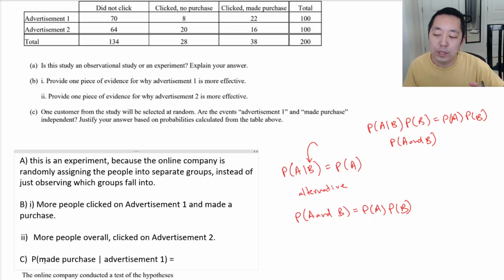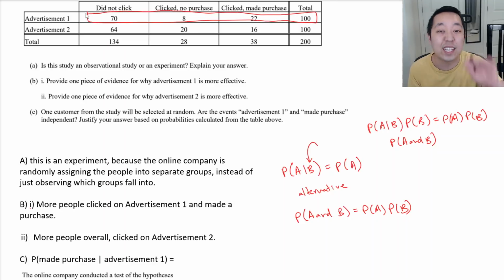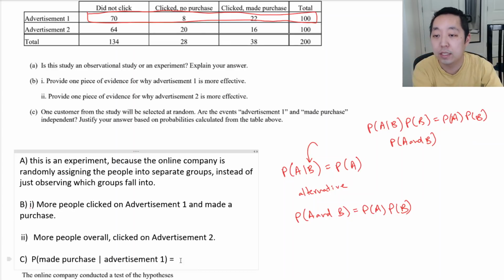When you're doing a probability like this, you're saying assuming advertisement 1 is the one they got picked from. So let's assume that it's advertisement 1. That means you're assuming just this row right here. You're assuming that part is true. So what's the probability that they made a purchase given that? Like just the red bar. Well, 22 made a purchase out of a total of 100, which is 0.22.